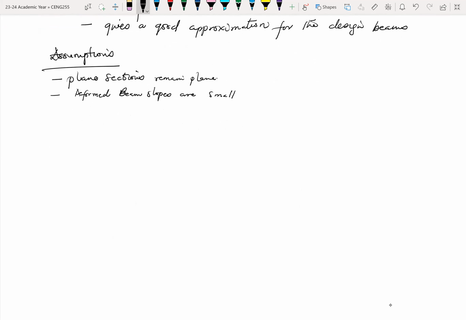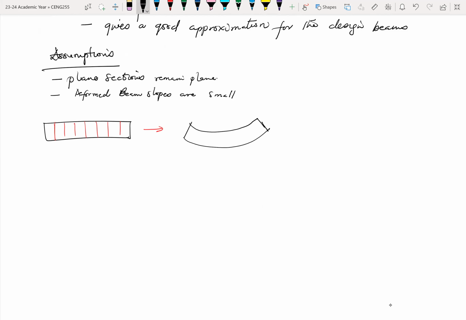So let's say I have a beam. Let me just draw some lines through the beam. Too many lines, let me just take some off. Now let's say that this same beam deforms. There'll be some deformation of the beam, but it doesn't look too deformed, so let me exaggerate the deformation.